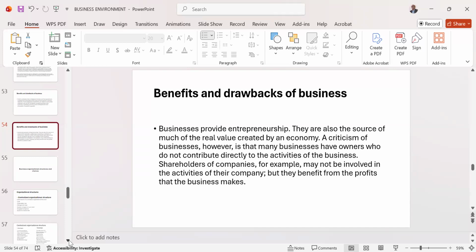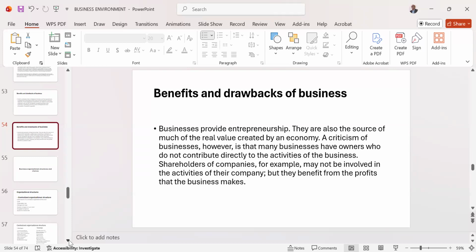In these aspects, where we have businesses and owners, the founders and all that, such businesses have been criticized as well, such that you have some people that claim that they are part of the business or even the business owners, but they do not contribute anything. An example of this are the shareholders. You look at shareholders of companies, you might not even know them, especially in a private liability company that we mentioned before.